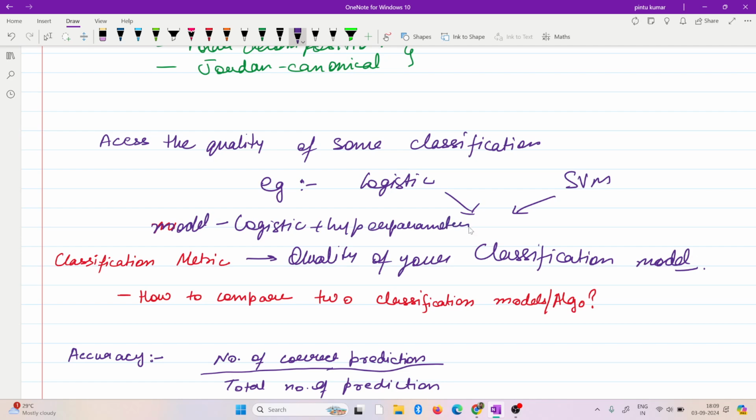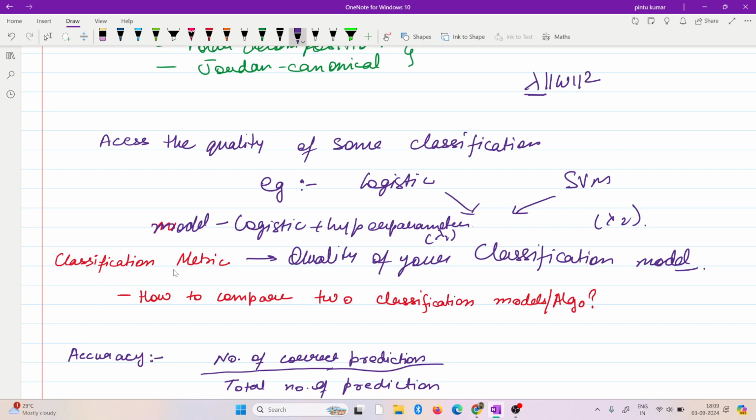For example, last time you learned about L2 regularization, where you had a term lambda times W square. So you can train a model with a different value of lambda. Let's say you train with lambda 1 and you train with lambda 2. Then you want to check which one of them is better. So then also you can use this classification metric to check the quality of your model.